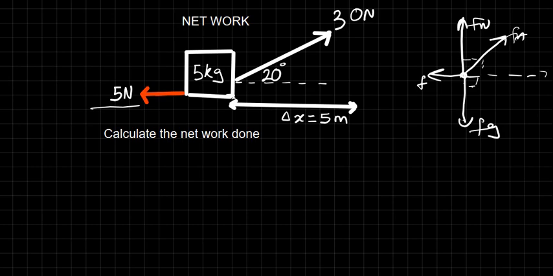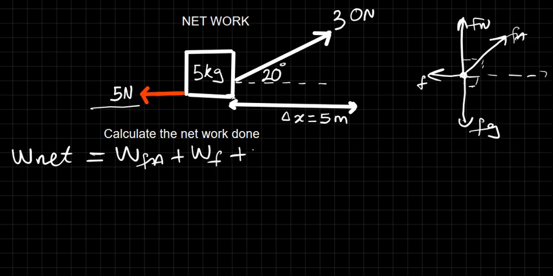They do zero work on the object. So our net work done is therefore equal to work done by the applied force plus work done by the friction plus work done by the gravity plus work done by the normal force.